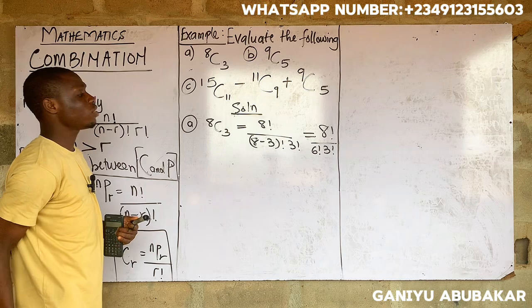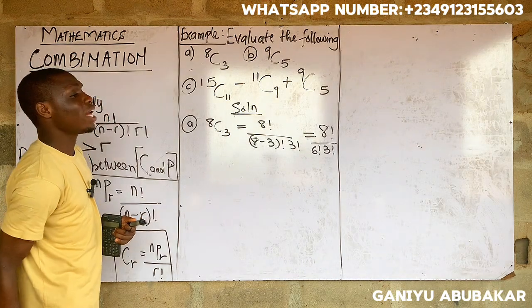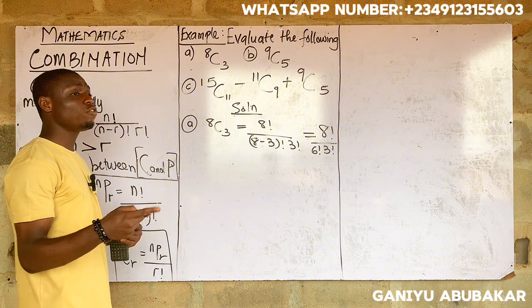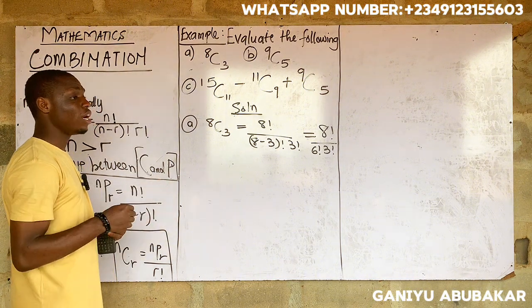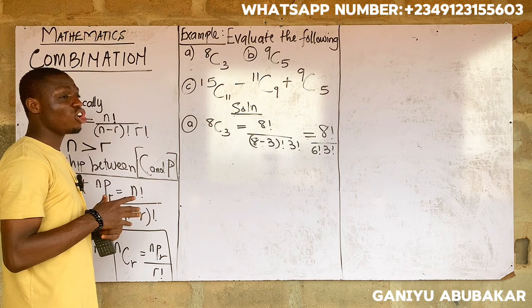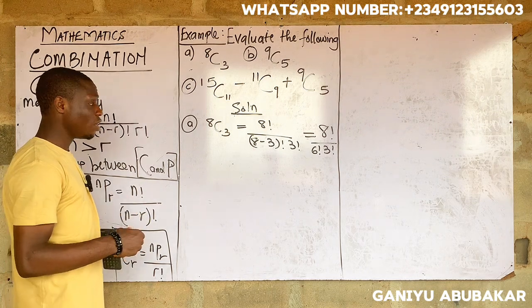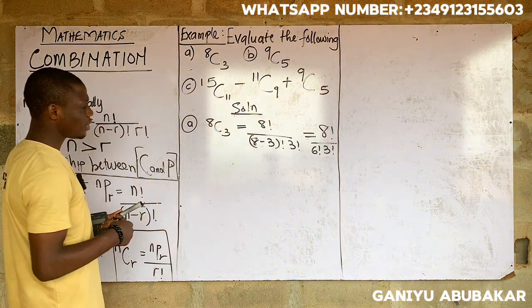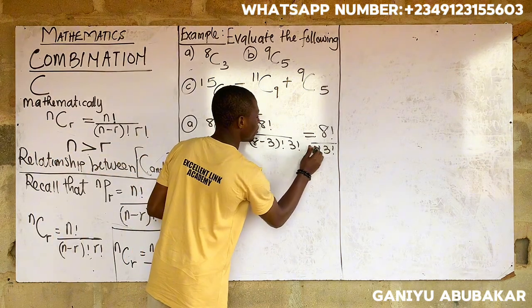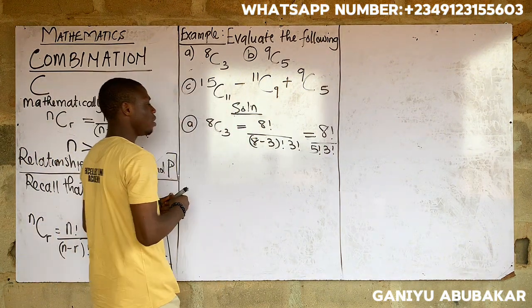Last class, when we discussed permutation, we looked at the concept of factorial. If you want to understand the idea of factorial, in our previous class on permutation I explained the concept of factorial from scratch. From here, sorry, this is 5 please. 8 minus 3 is 5.